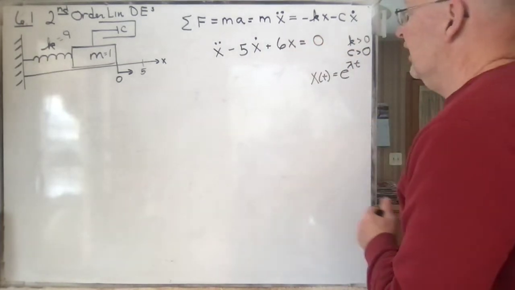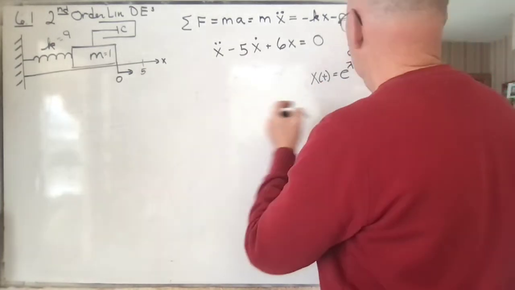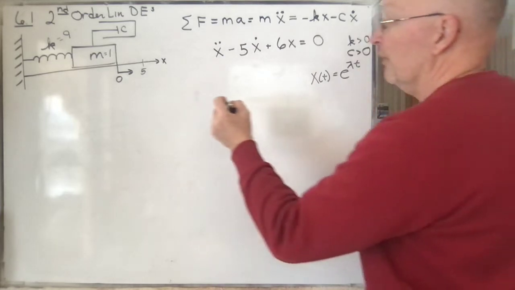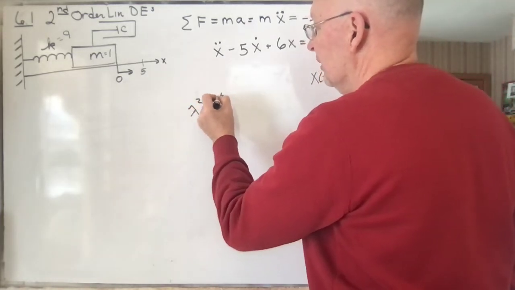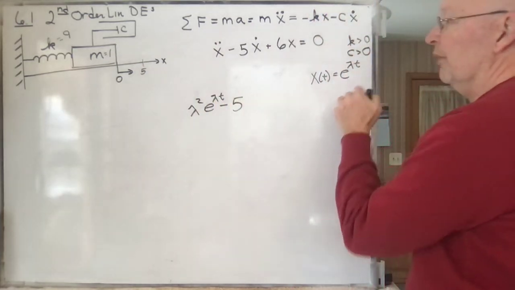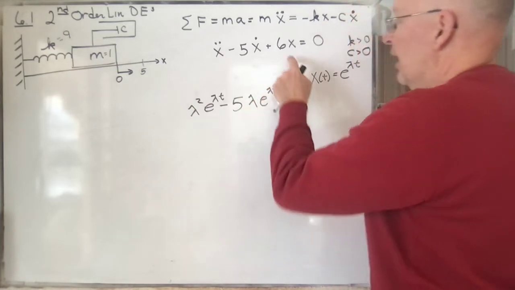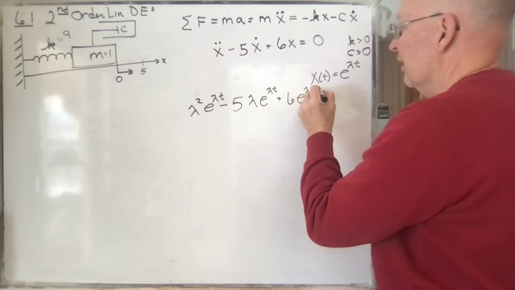So let's check it out. What happens if we stick this in here? The second derivative of this is lambda squared e to the lambda t. Then you're going to get minus 5 times the first derivative, lambda e to the lambda t, and then finally 6 e to the lambda t.